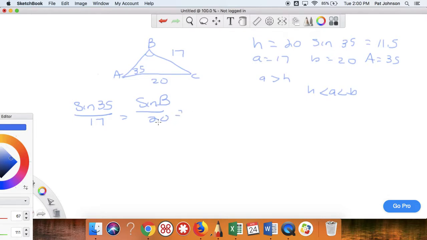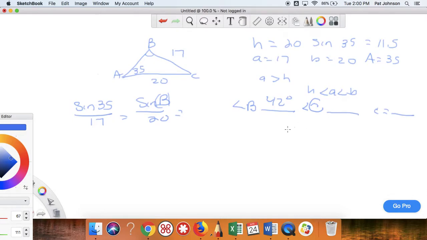When we solve, remember this is theta, so we have to use inverse sine. We're looking for angle B, angle C, and little c. These two are angles that we're looking for. When we do this, we get angle B is 42 degrees.